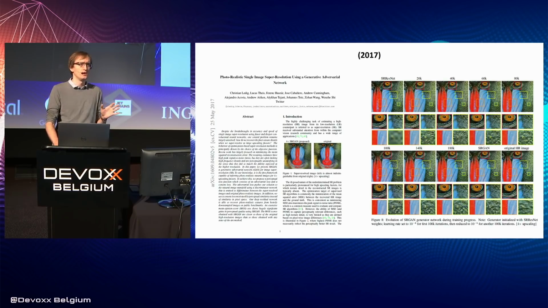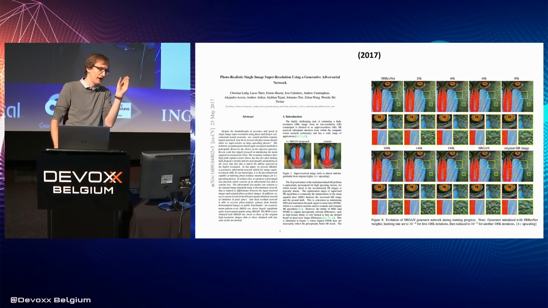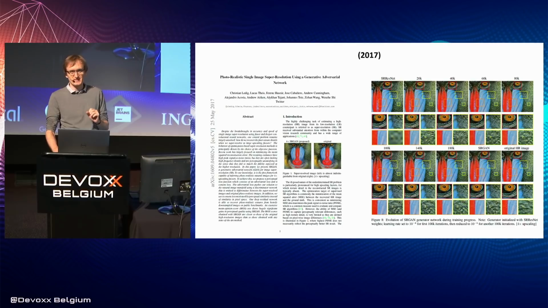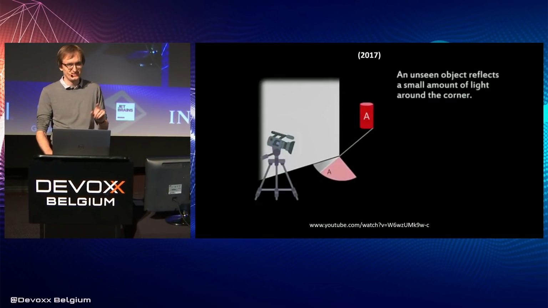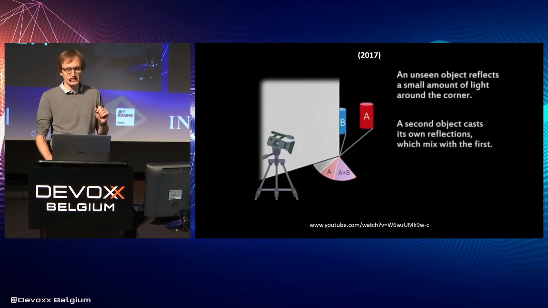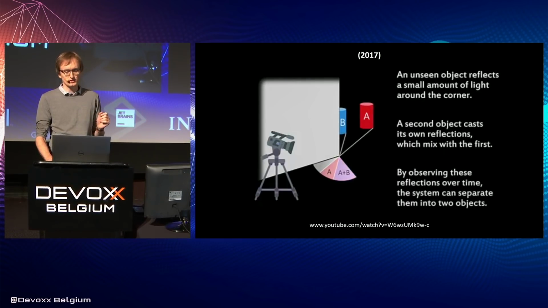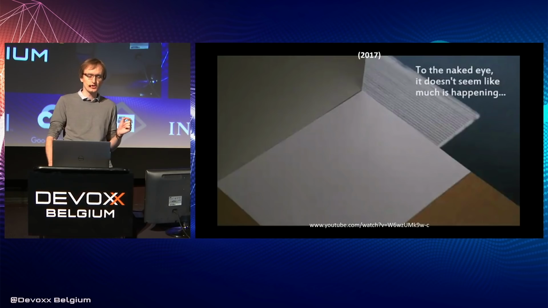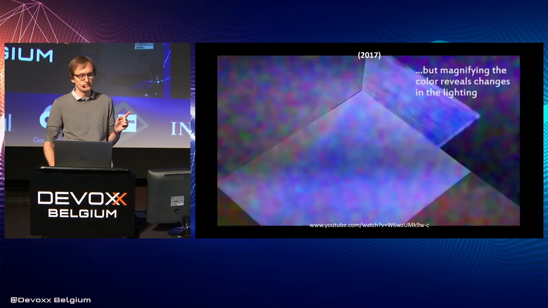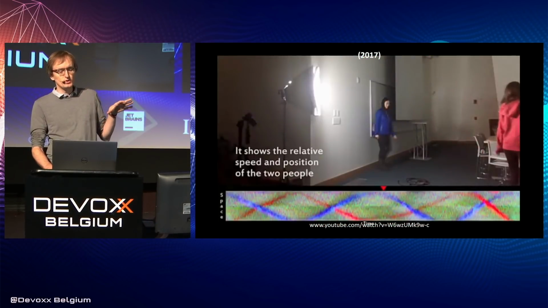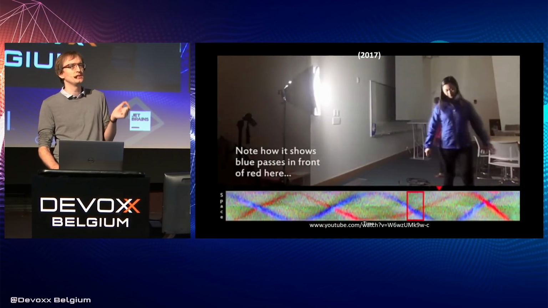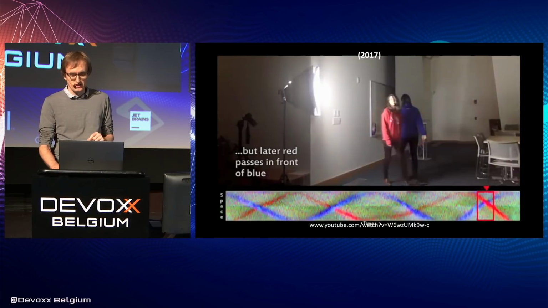But okay. We can believe in zoom and enhance, but seeing around the corner, come on. At the end of 2017, guys from MIT and Google published a method in which, using a camera, you can trace objects around the corner. It is actually done by looking at indirect reflections, and you can trace these objects with centimeter level accuracy.